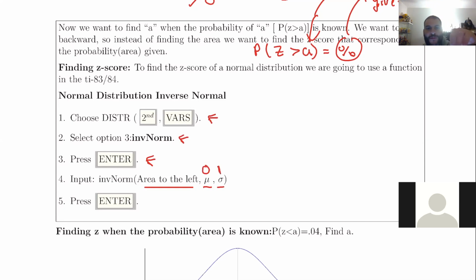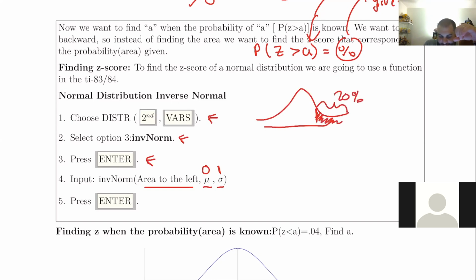So what we always want to give it is the area to the left-hand side, because the calculator is not that smart. It doesn't know if you're giving it the area to the right side or the area of the middle. It always assumes that you're giving it the area to the left. So if you give it the area to the right side, so say you have something like this, and this is 20%.